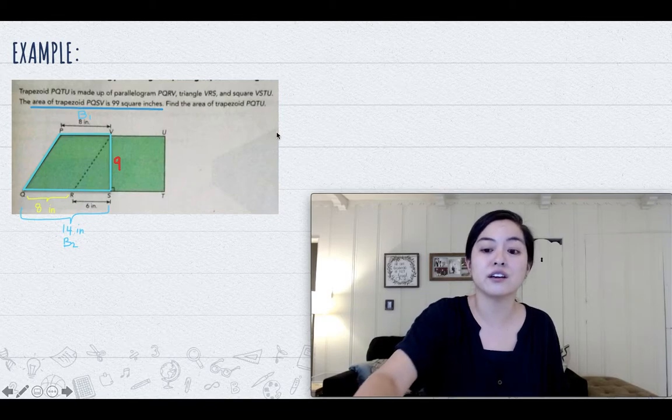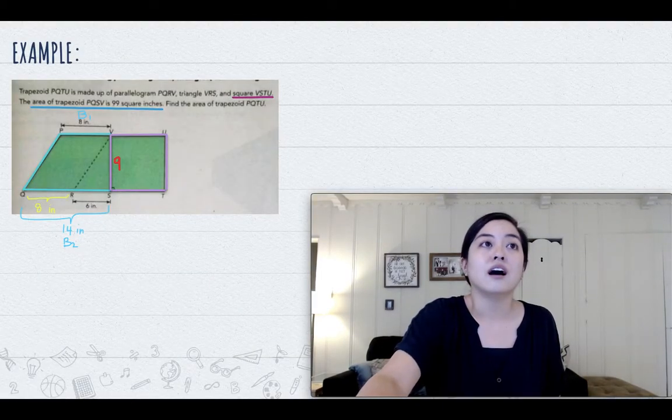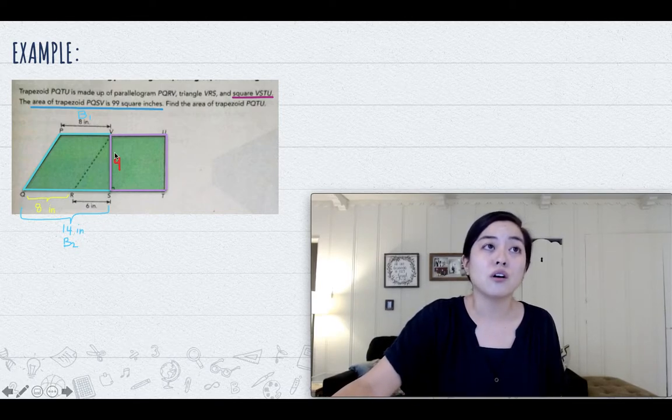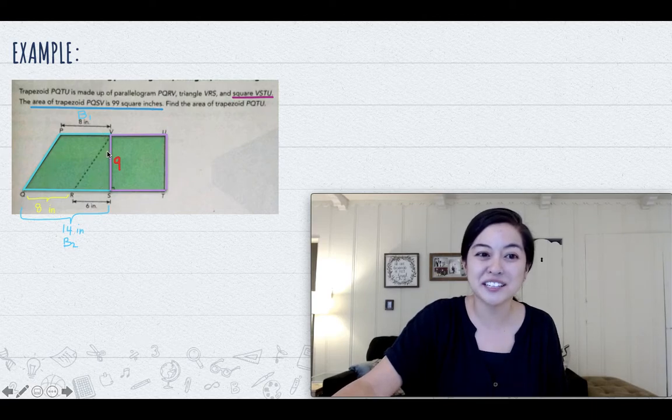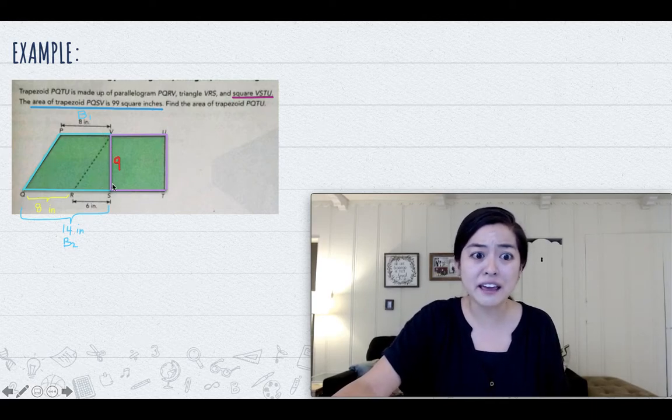You see that? So that is my square, and now I know one length that was my height of my parallelogram, the height of my triangle, the height of my trapezoid here. It's actually the length of this square.